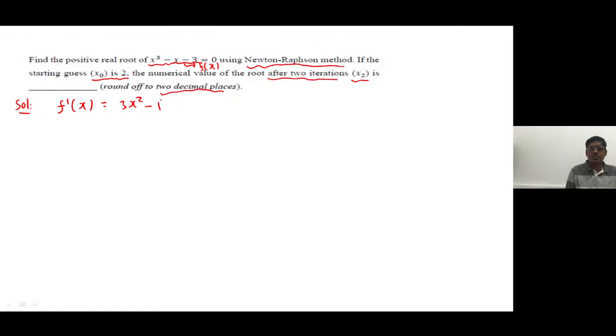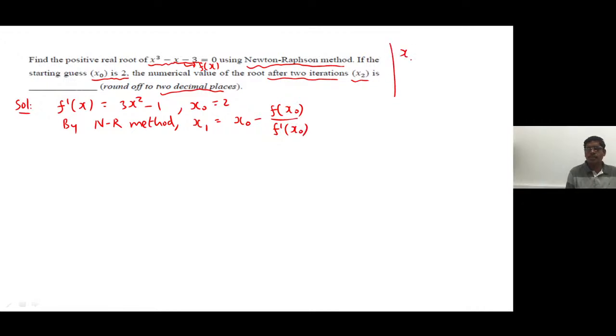This is f dash x and x0 given 2. Already x0 value 2. So by NR method, that is short form Newton-Raphson method, x1 is equal to x0 minus f of x0 divided by f dash x0. Usual formula, general formula I am writing here.